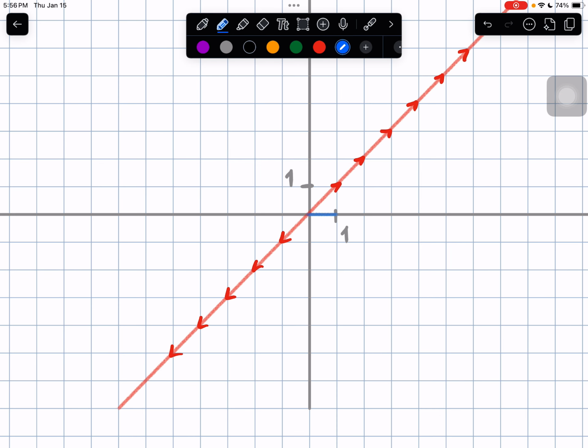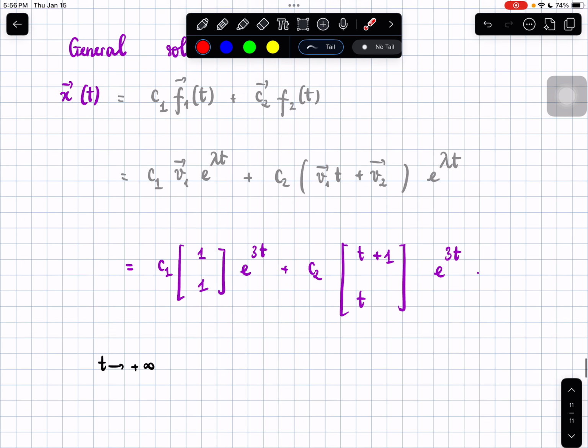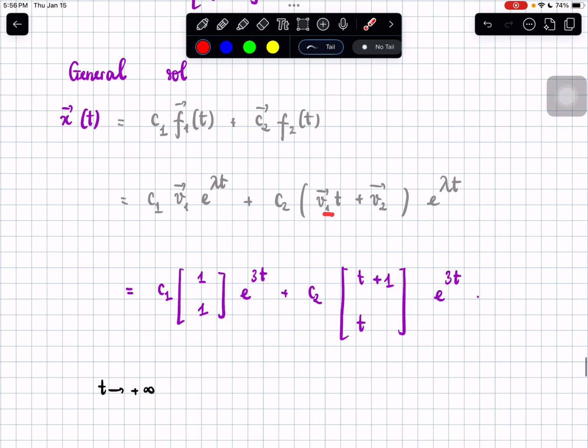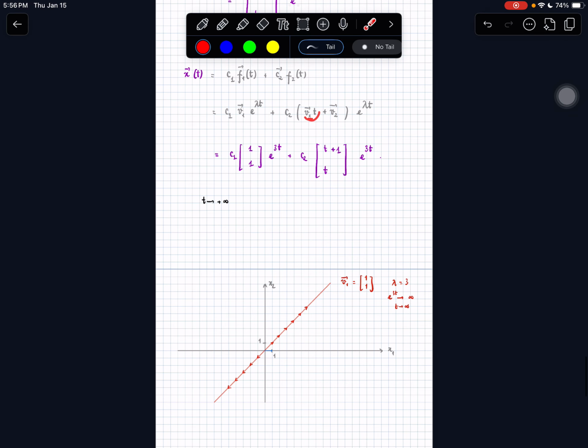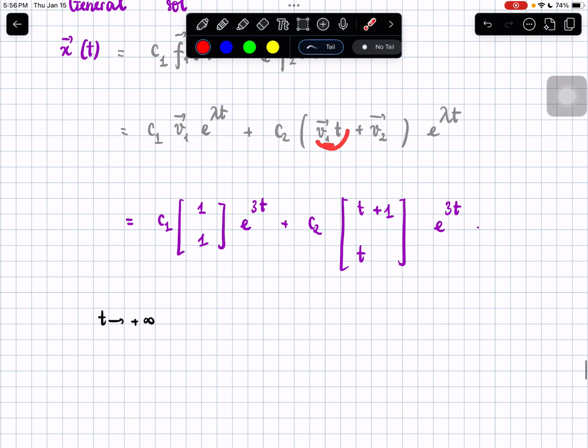So the general solution is just a linear combination of something times V1 plus something times V2. Now, when t tends to infinity, maybe let's just look at this general formula. You see that when t tends to infinity, this one will be so big.